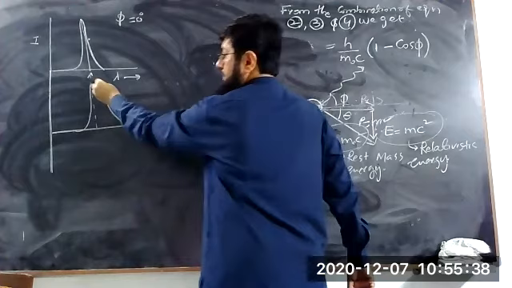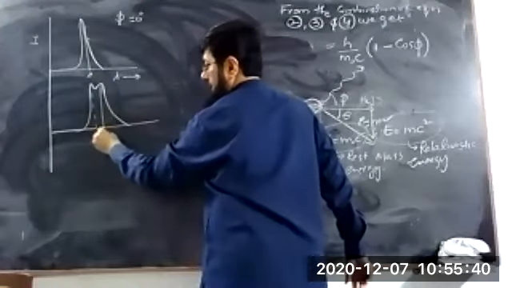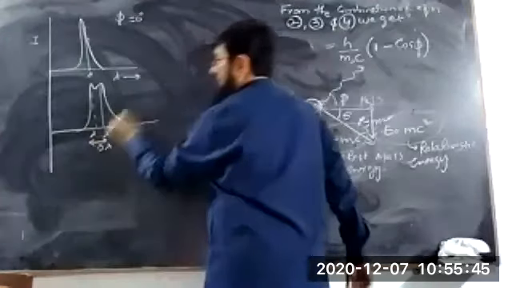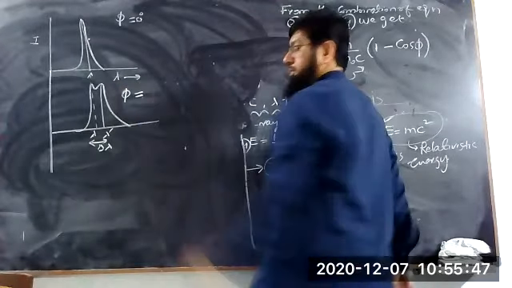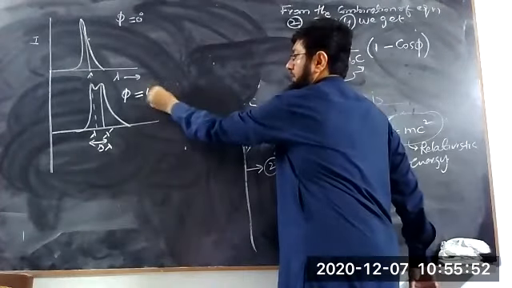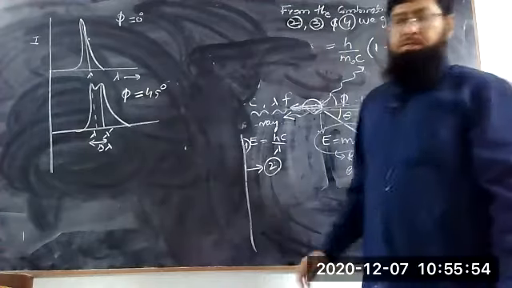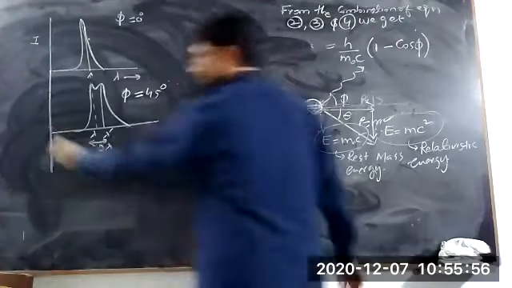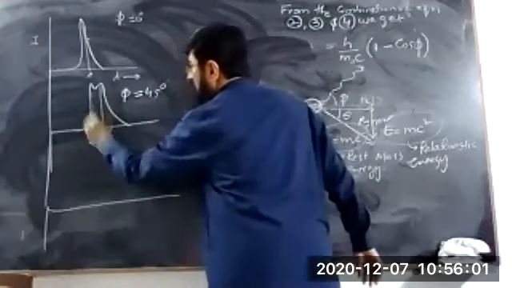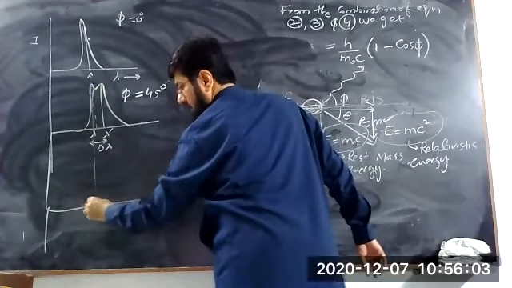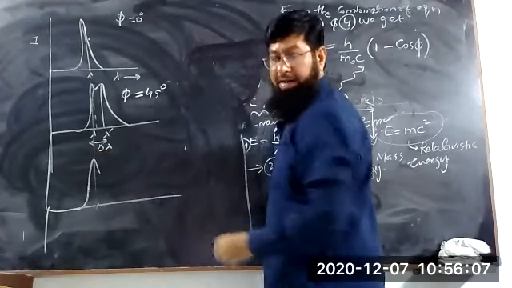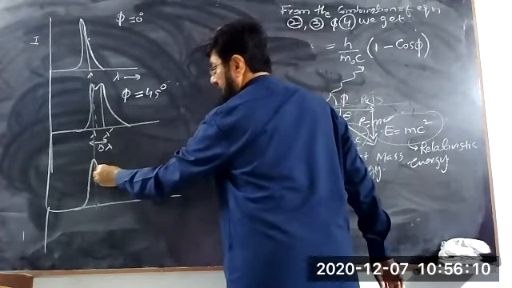This peak indicates lambda dash and this is lambda, and this gives you the change in wavelength. Let's say this is the experimental curve for phi equal to 45 degrees. Again the change in wavelength gives the original wavelength, which is one peak, and the other peak is much higher than this.